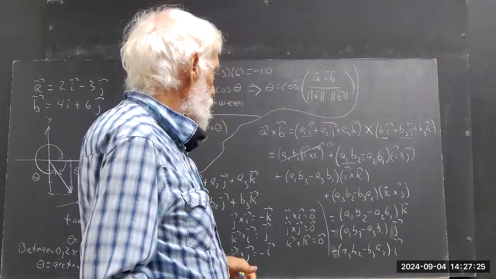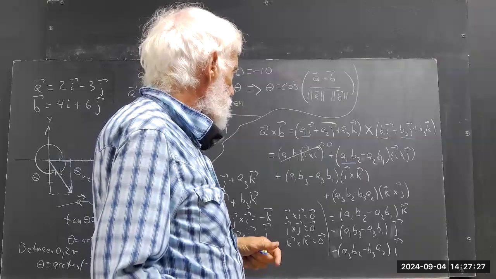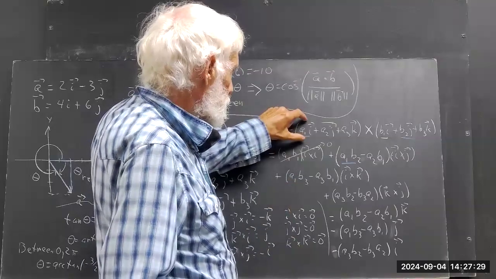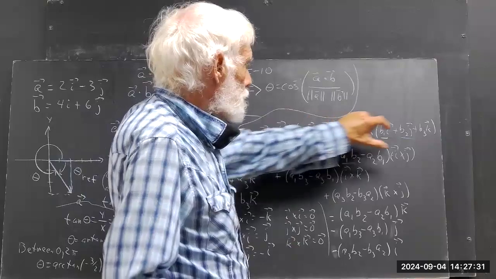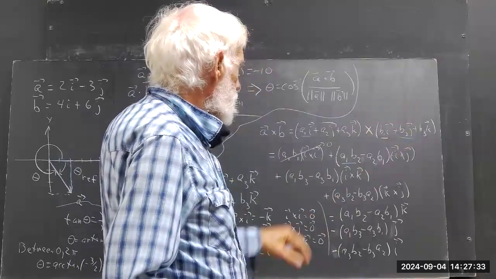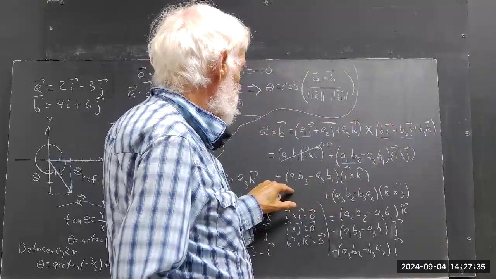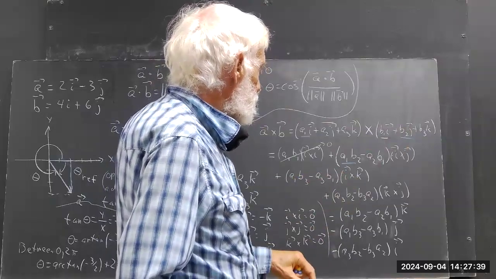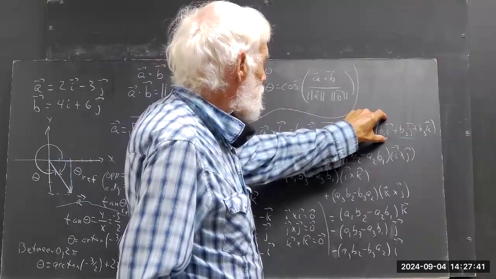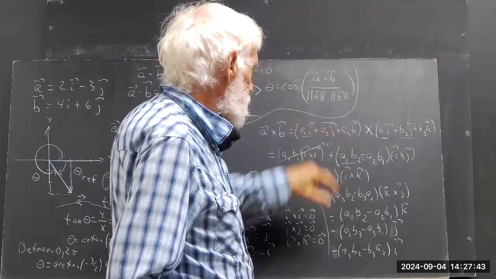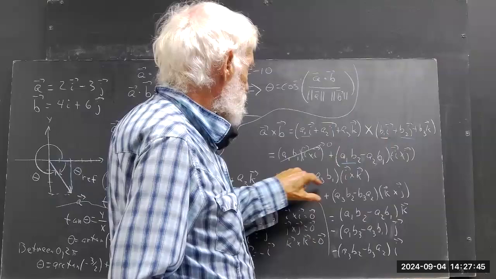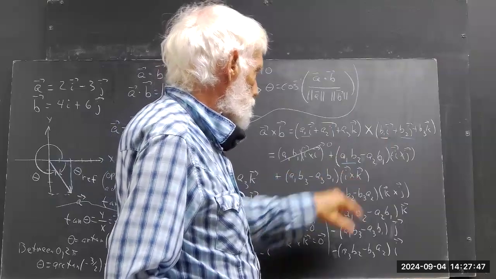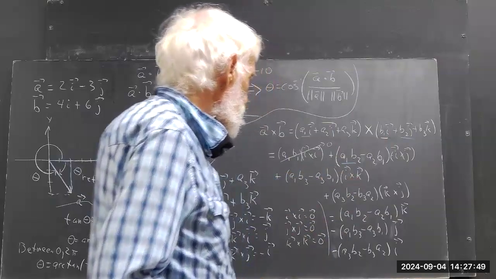Now, for some unfathomable reason, what did I do? Oh yeah, I was doing i cross k. We do the A1 i cross B3 k. That's going to be A1 B3 times i cross k. And then, of course, we'll have B1 i cross A3 k. So we have A3 B1 i cross k. So that's all correct.